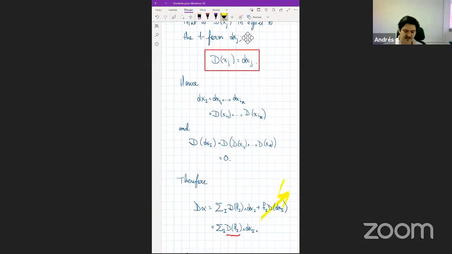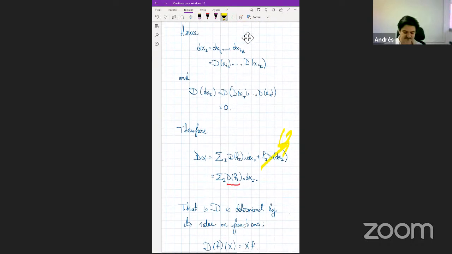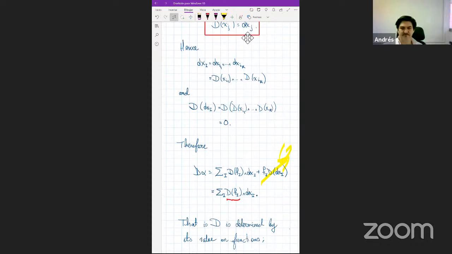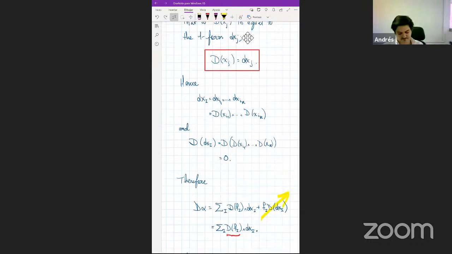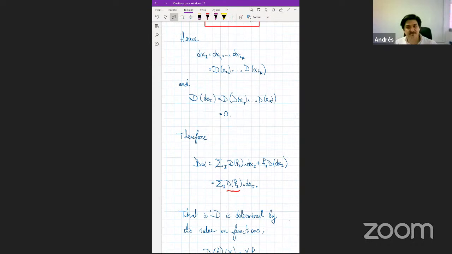So this is what we cancel. And let's see this. So once that we cancel this, we know that D, capital D, all that I need to know is what's happening on functions.